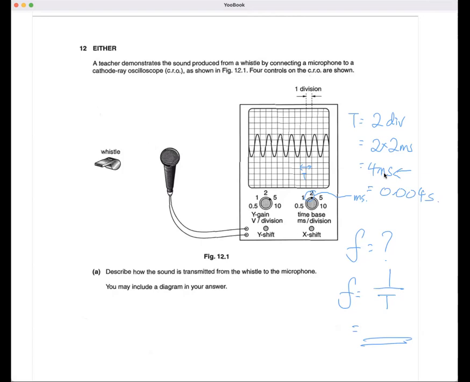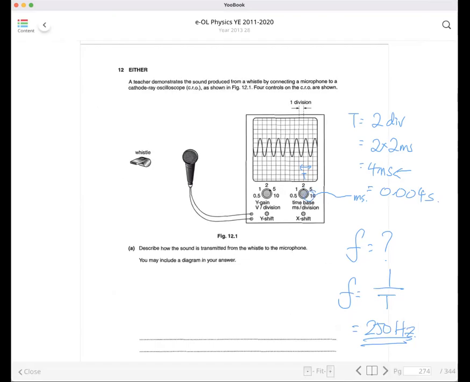What's your unit? Hello, Pei Kwan, what's your answer? 250 hertz. Okay, you need to know that the unit is hertz. Okay, let's continue.